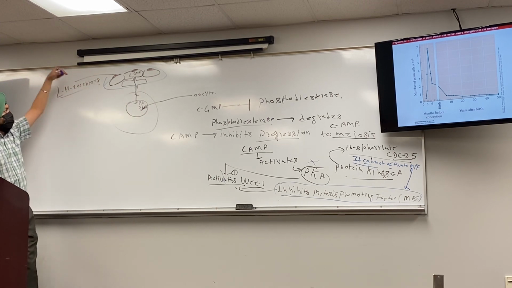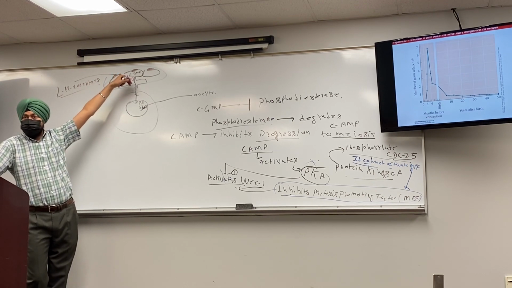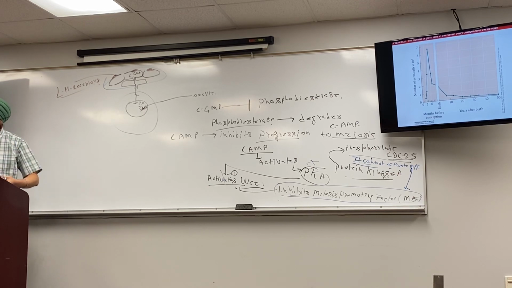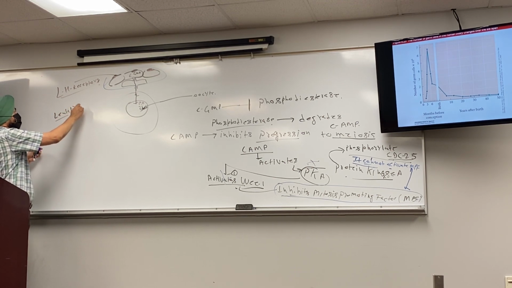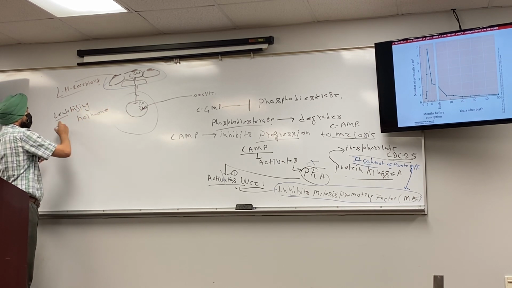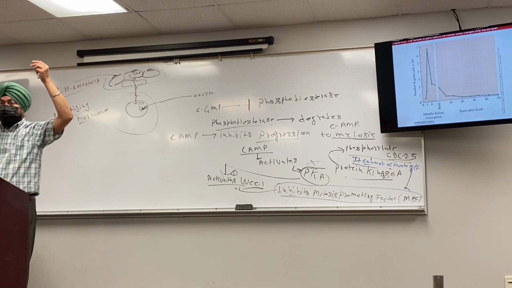That means you have to somehow get rid of this cyclic GMP if you want it to undergo meiosis. So then at puberty, we said the meiosis starts again. So at puberty, what happened? The luteinizing hormone level goes up at puberty, right?